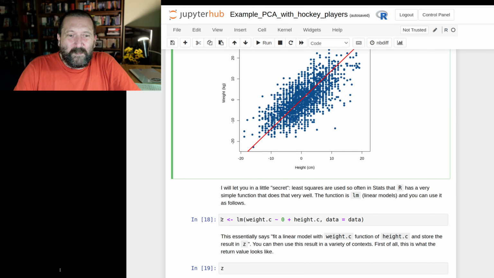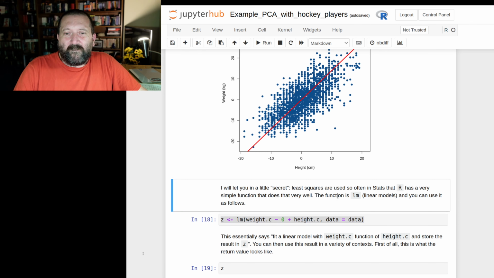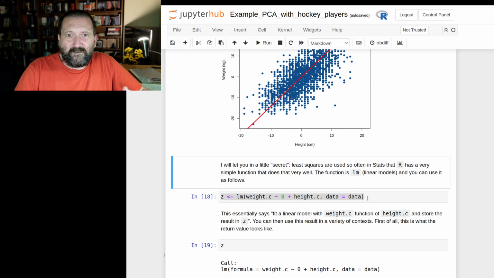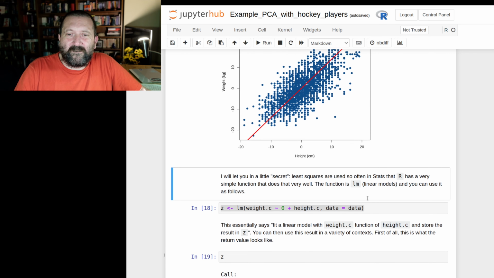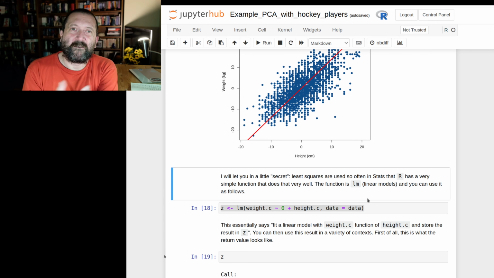So here I just want to show you two different versions of looking at the data this way. Okay, so the function lm, linear models, is a very standard function in R, and you can use it to run a linear regression. It's a linear least squares problem.